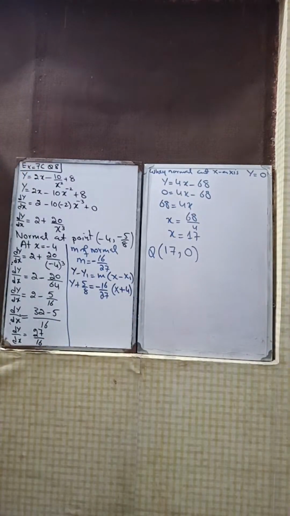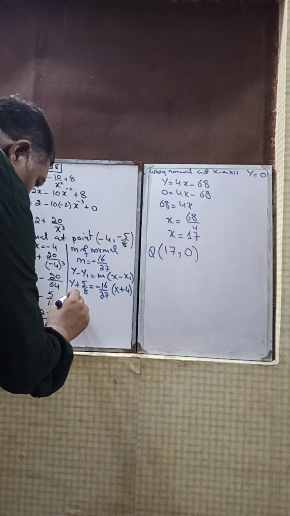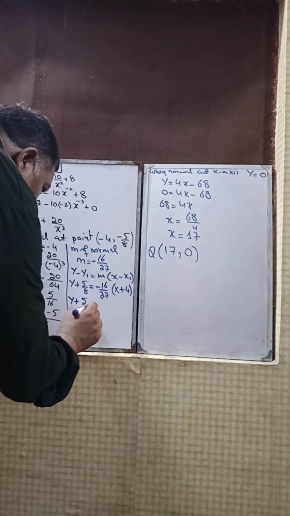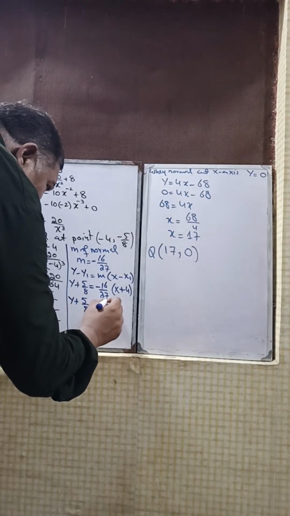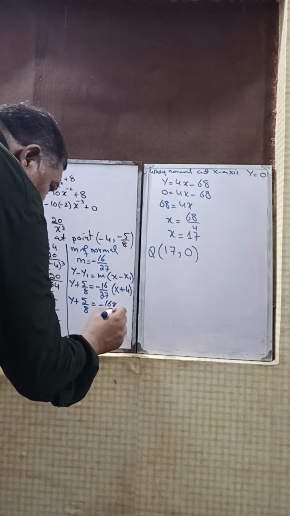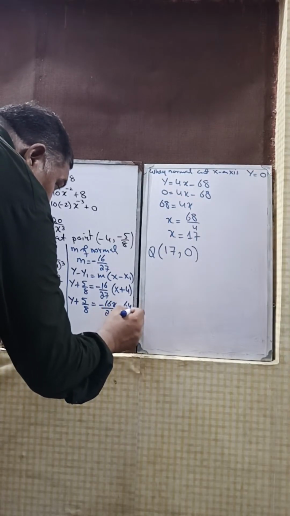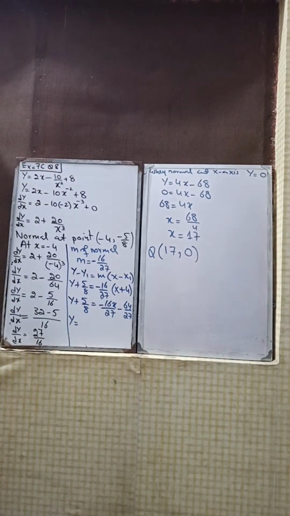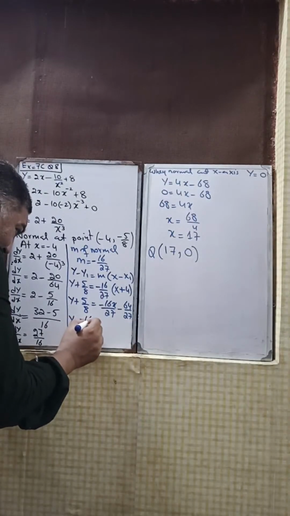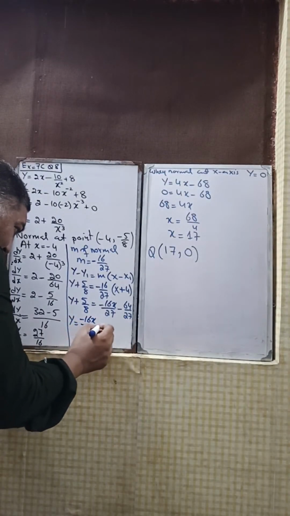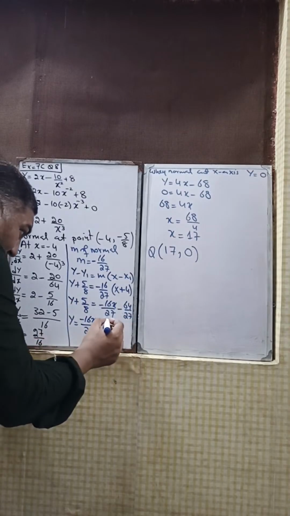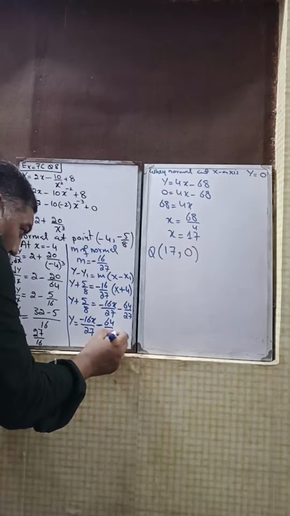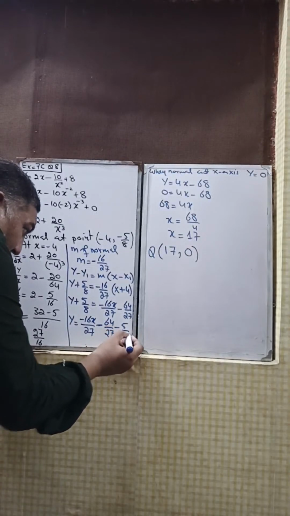So you will have y plus 5 by 8 equals -16x by 27 minus 64 divided by 27. So y will be equal to -16x divided by 27 and minus 5 by 8.